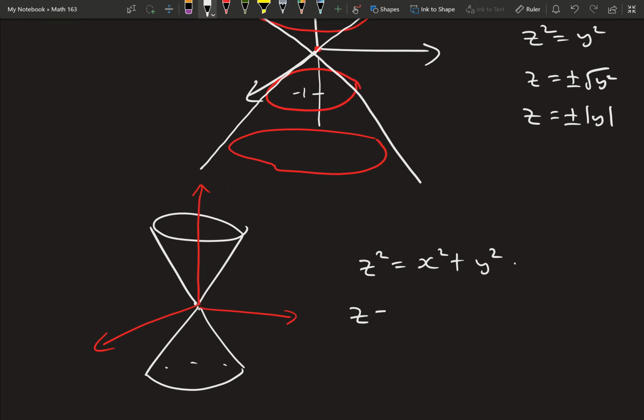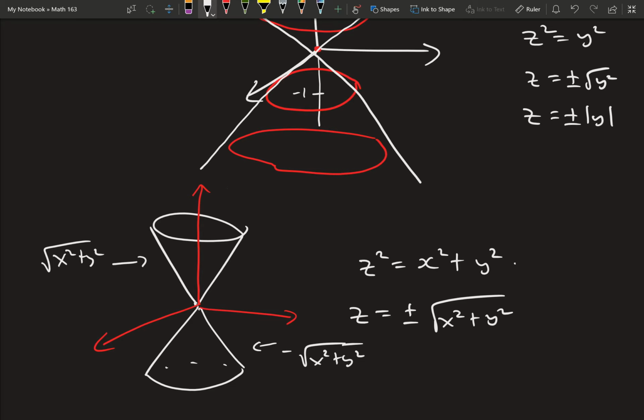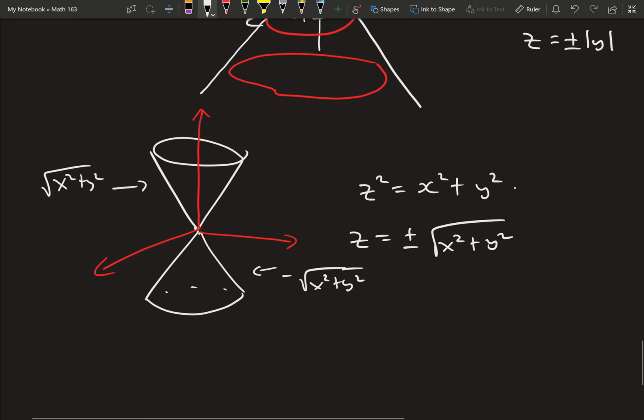By the way, this is also z equals plus or minus the square root of x squared plus y squared. So the positive square root of x squared plus y squared is just the top cone, and the bottom cone is the negative square root of x squared plus y squared. That's also an important fact that comes in handy.